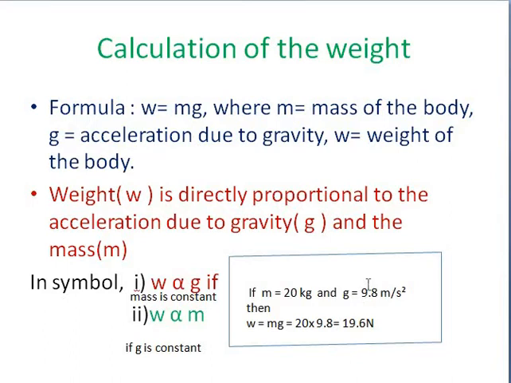What is the weight of that body at polar regions? The value of g at polar regions is 9.83. Then what is the product with 9.83? You can see it from the calculator.